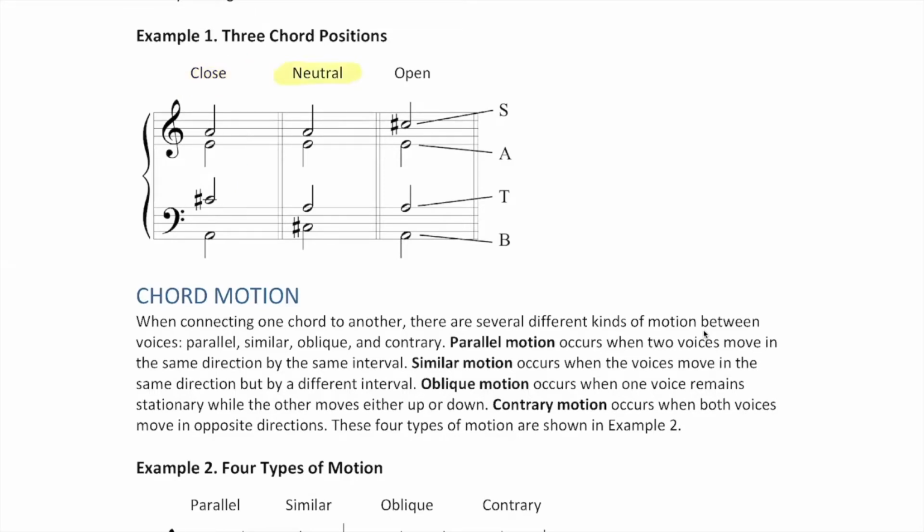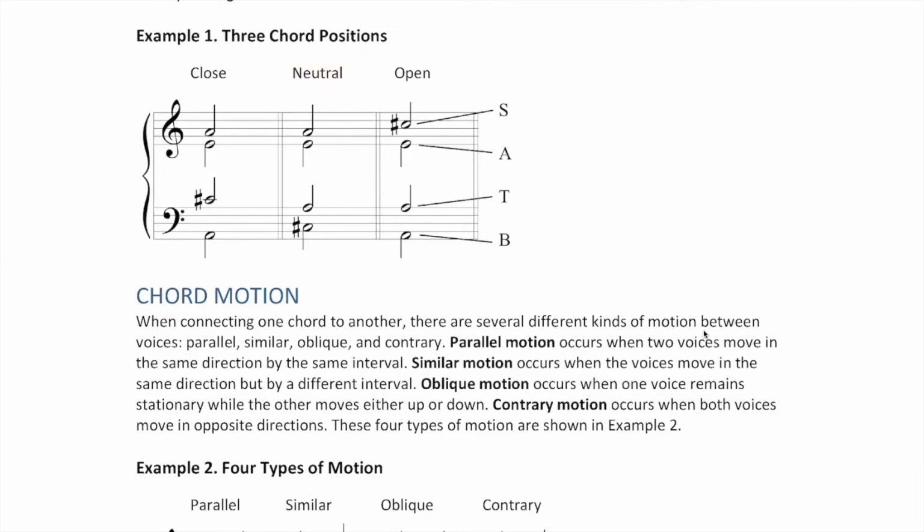Neutral position features an octave, exactly an octave, between the tenor and the soprano. Here's our tenor on A, and then the soprano above it on A to form the octave.